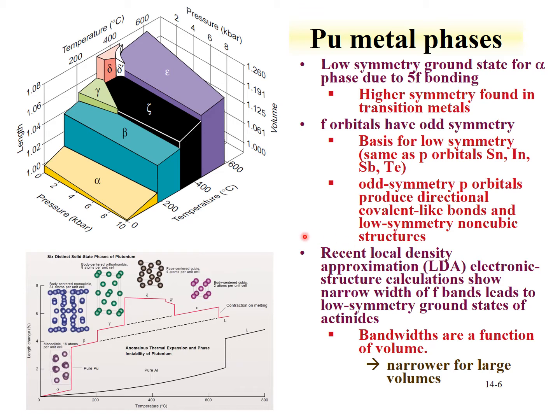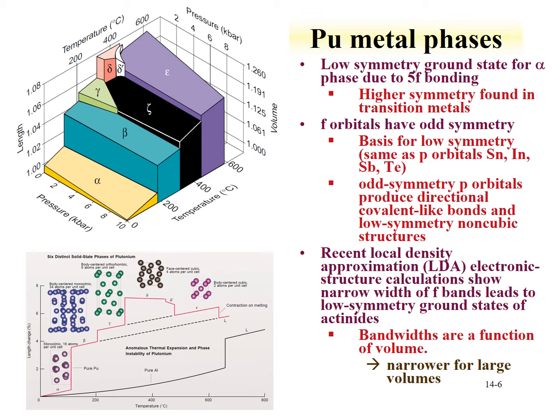And this has also been modeled with local density approximations. They show that the narrow widths of the f bands lead to low symmetry ground states of the actinides, which is observed. And here's an example of some of these lower symmetry crystal states. This is similar to the figure that was shown on the previous slide. And we see as we get higher, we go from lower to higher symmetry.